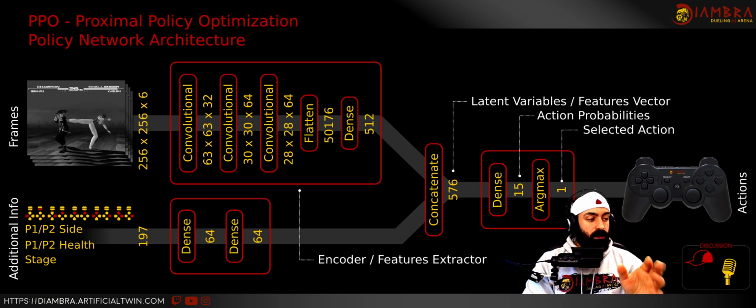Now, think about, in this case, what we are seeing on screen. Information contained in frames is basically composed by 256 by 256 by 6, and this is the total number of integers you are using to basically represent the screen. Now, this is a huge amount of numbers, but appropriately processed through, for example, a convolutional neural network, they, at the end of the process, reduce to 512 numbers.